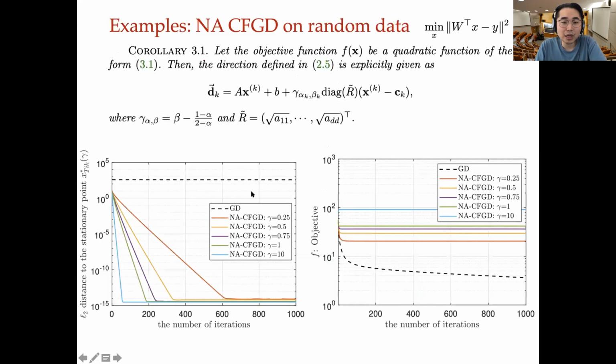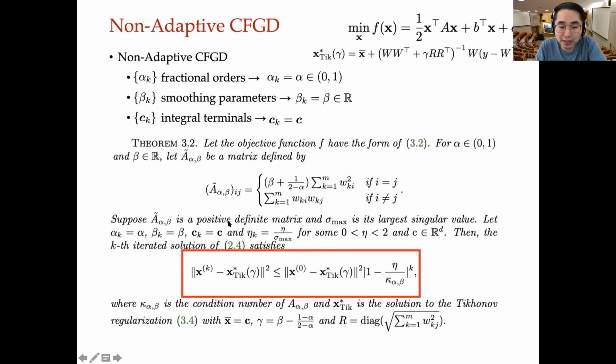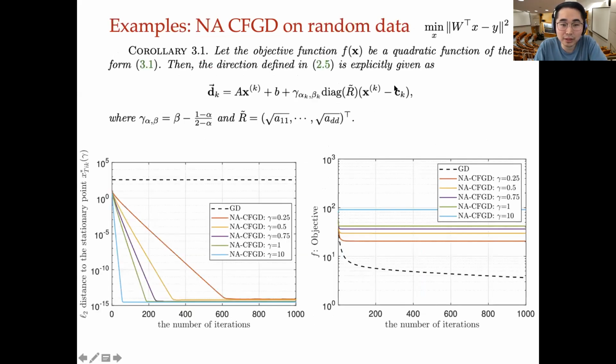Let me show you how this looks numerically. Here I show the L2 distance to the stationary point. Let me briefly mention that in the special case where gamma equals zero, this becomes gradient descent, so everything is the same as before.